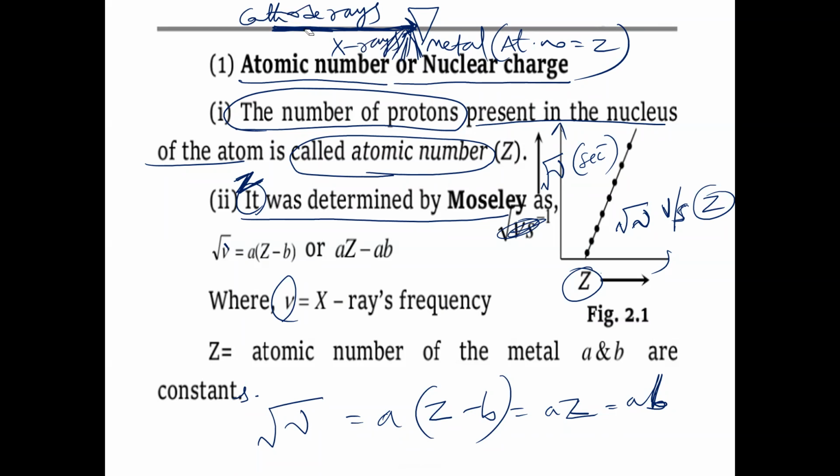When cathode rays bombard the metal with atomic number Z, X-rays are produced. These X-rays have some frequency nu. The nu of the X-rays and the atomic number of the metal used are related by this graph. So the square root of nu is directly proportional to the Z value. Is that clear? Let's take the screenshot of this.